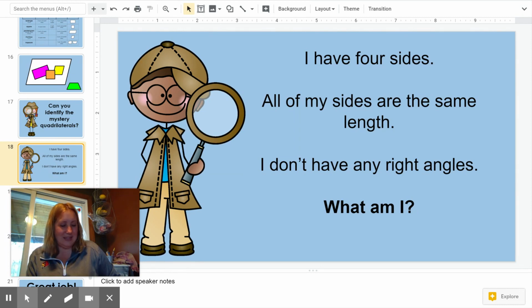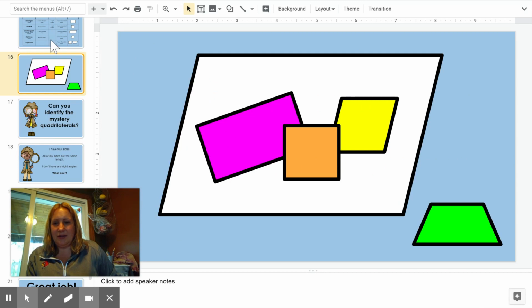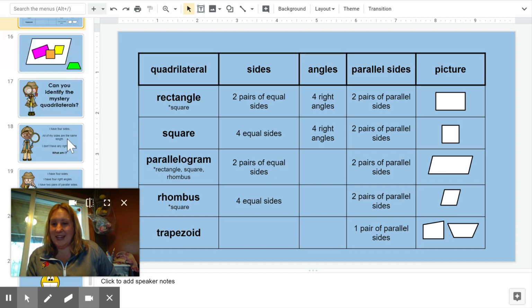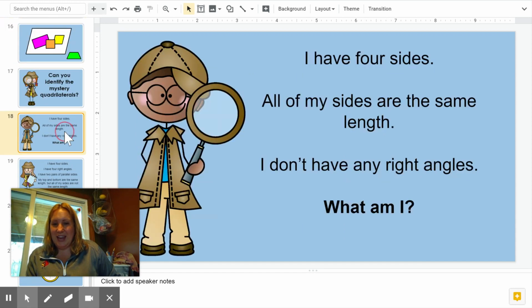If you want to pause it to think about it, you can. So four sides, all the same length and no right angles. And if you look up here at the table, hopefully you came up with rhombus as the correct answer to that question. A rhombus has four sides, all sides the same length, and no right angles.